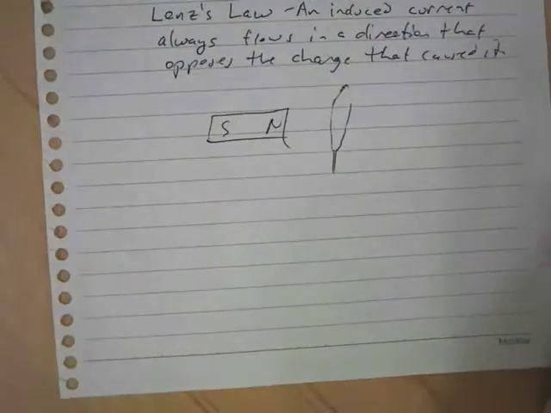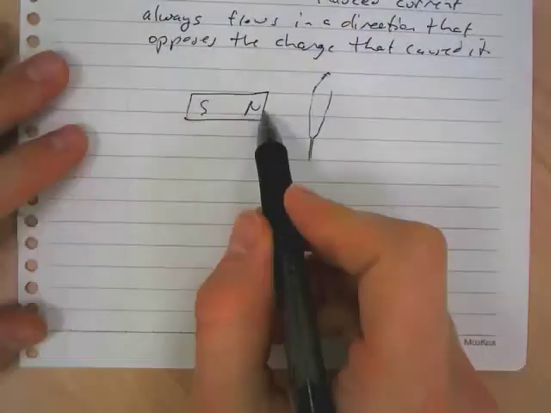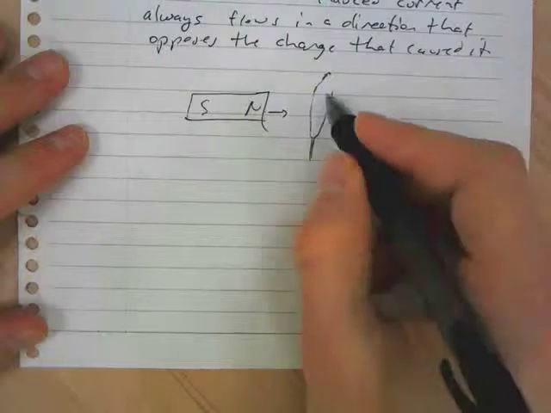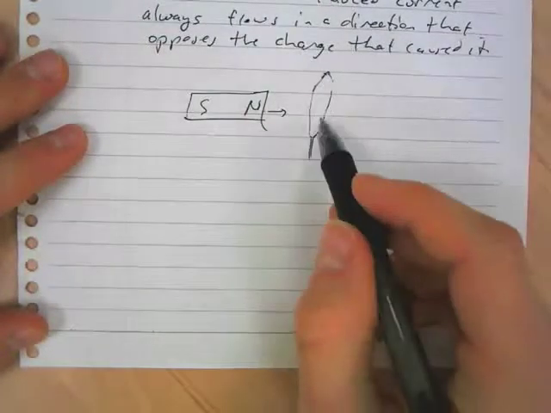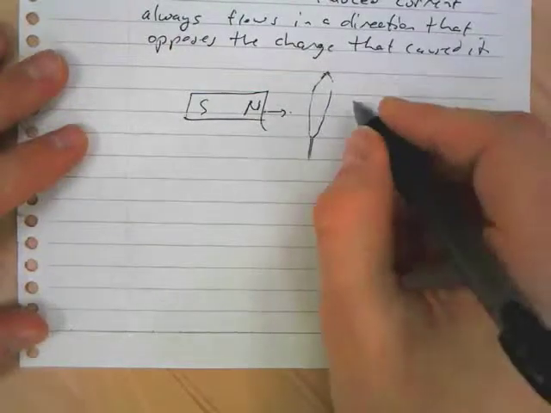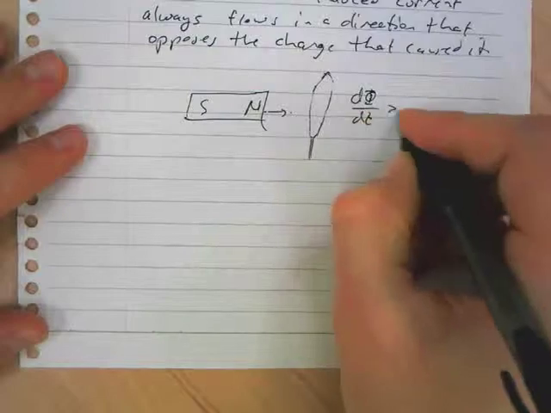Now, as you bring this north pole closer, that means that the B field strength is greatest right by the north pole. So as we bring this closer, that means that our magnetic flux is increasing.